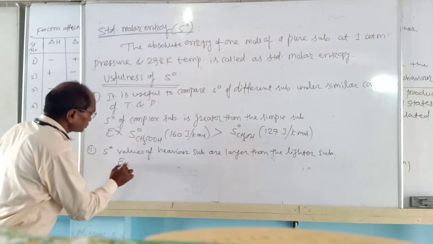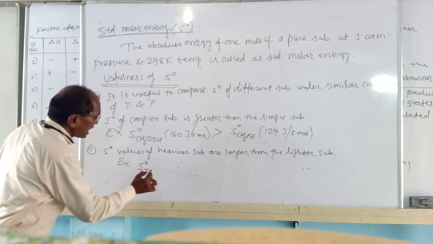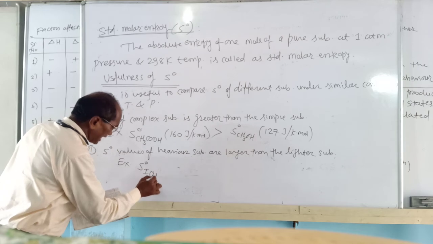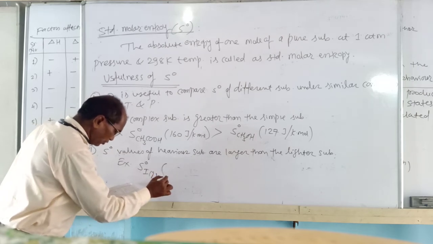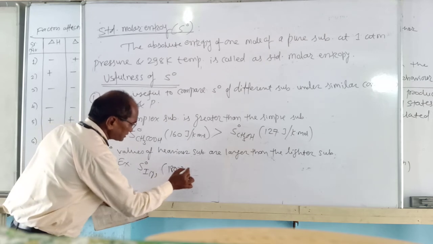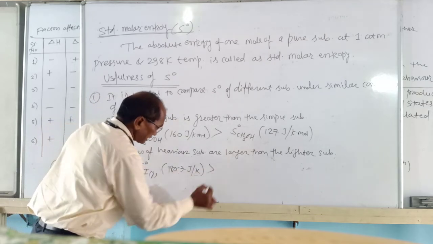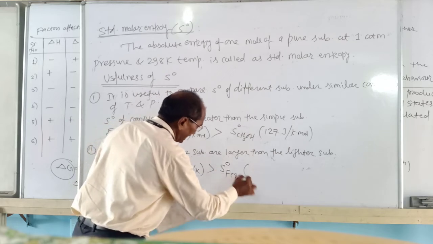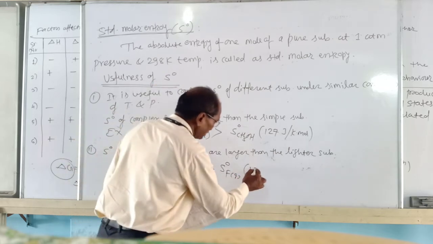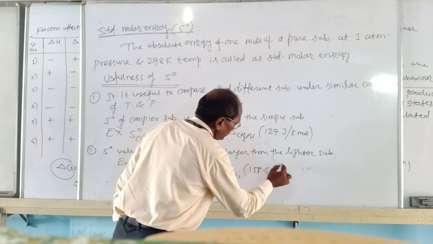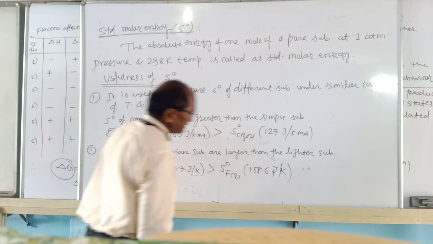Example here, S0 of iodine gas, its value is 180.7 Joule per Kelvin, is greater than S0 of fluorine gas, its value is 158.6 Joule per Kelvin.